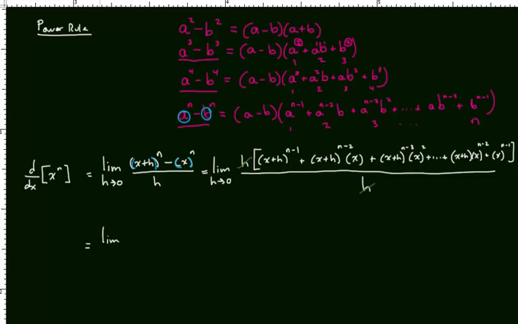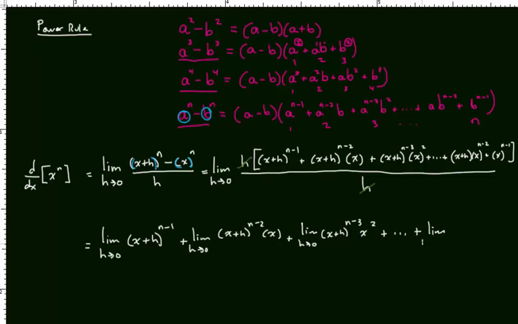So we have the limit as h goes to 0 of x plus h to the n minus 1 plus the limit as h goes to 0 of x plus h to the n minus 2 times x plus the limit as h goes to 0 of x plus h to the n minus 3 times x squared plus dot dot dot plus the limit as h goes to 0 of x to the power n minus 1.